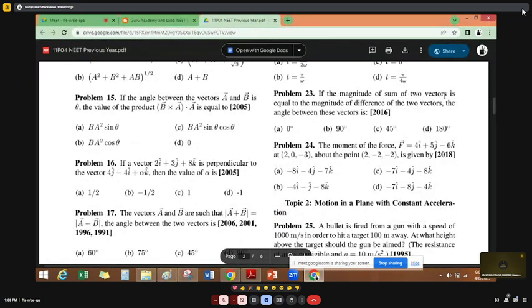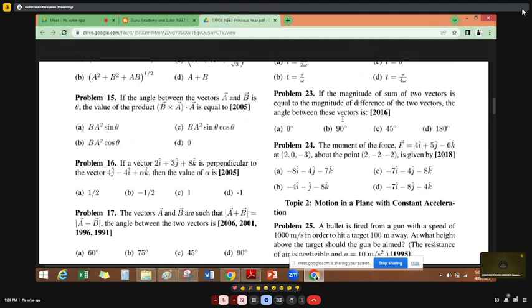I think we already did this. Magnitude of sum of two vectors is equal to the magnitude of the difference of the two vectors. How do I write that? If magnitude of A plus B is equal to magnitude of A minus B, the angle between them is 90 degrees, right?